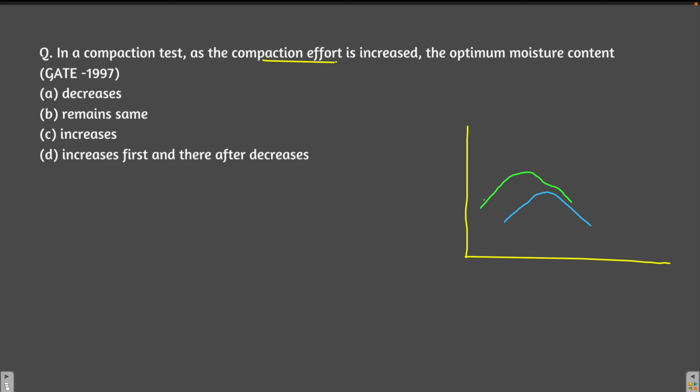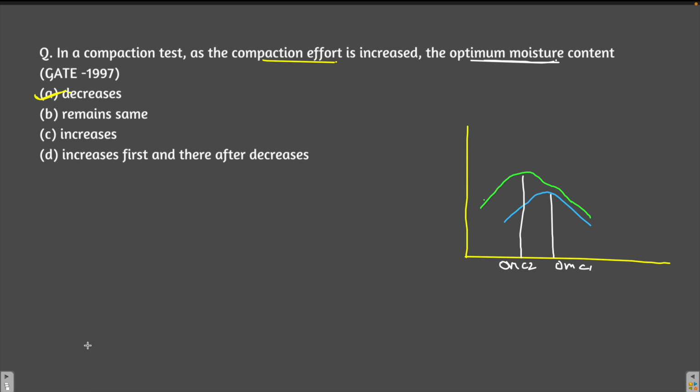When you are increasing the compacting effort, the optimum moisture content will decrease. This is OMC1, and this is OMC2. As you are increasing the effort, your optimum moisture content decreases. So the first option is the correct option.